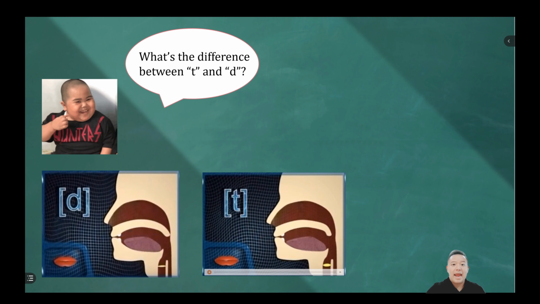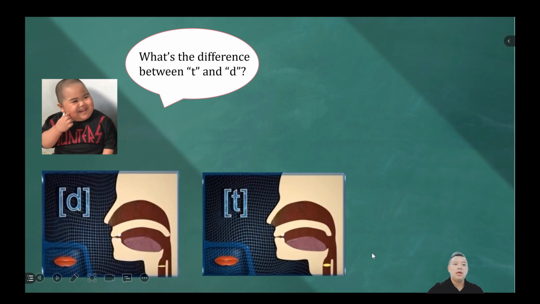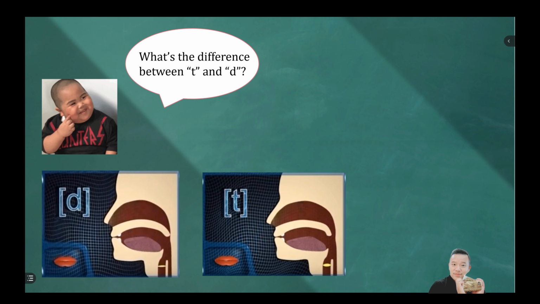Okay, if you still find it very hard to sense the difference, would you like to do as I do? Take out a bag of tissue, and then take one piece of paper.